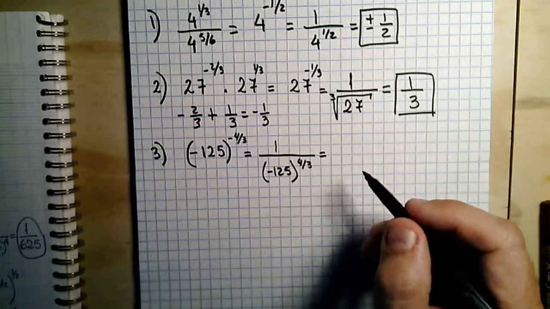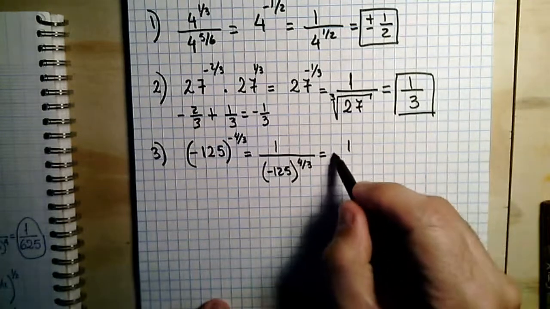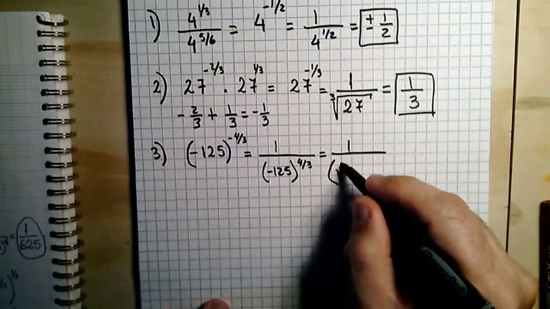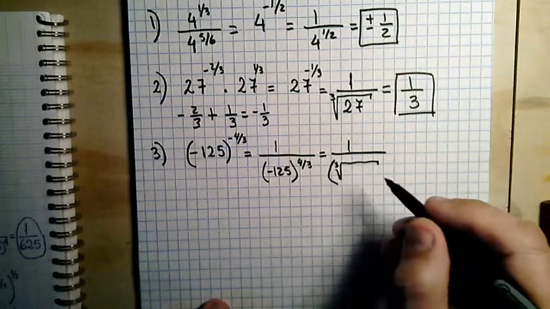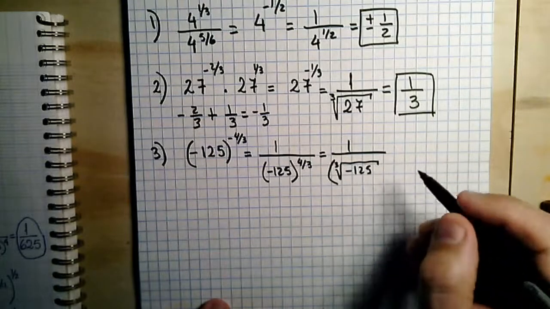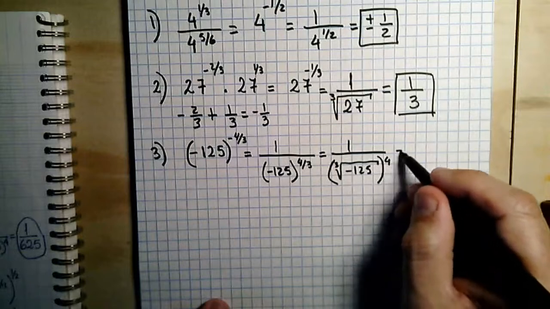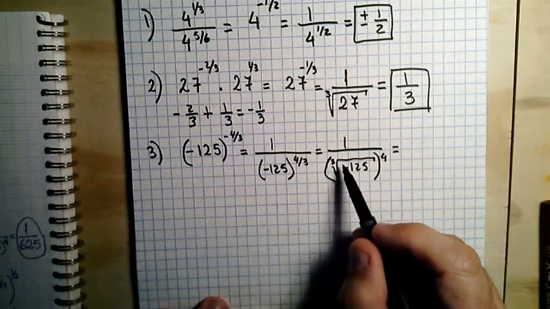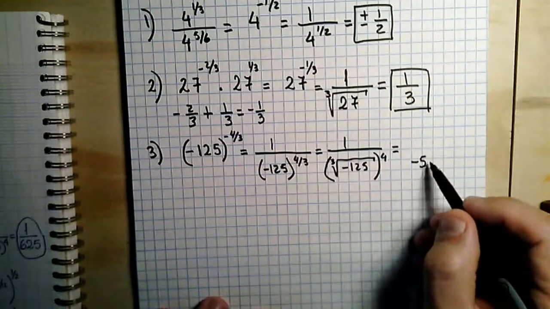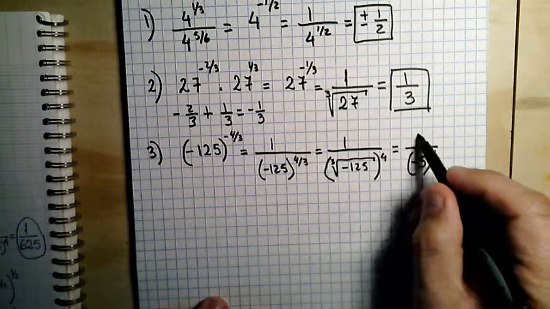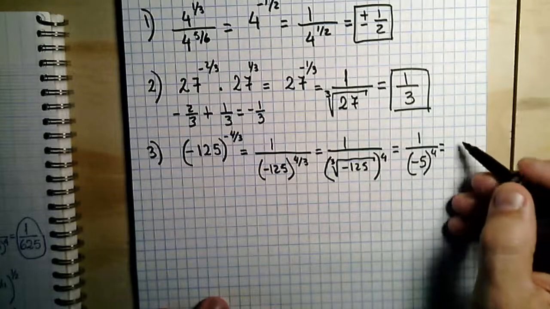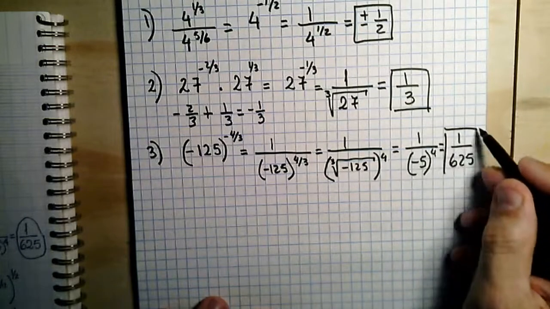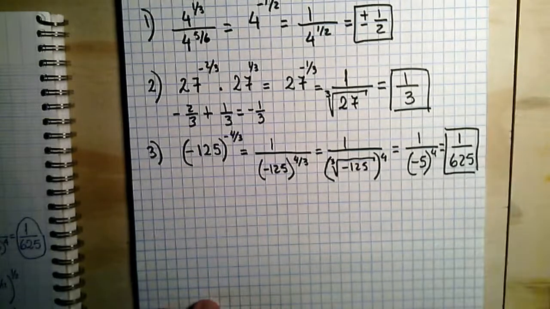And then what I am going to do is 1 divided by, parentheses, I will use parentheses here, the cubic root of negative 125, and all of this to the power of 4. Okay, negative 125 cubic root is going to give me negative 5 as a result, to the power of 4. If I solve this one, the final result is going to be 1 divided by 625.